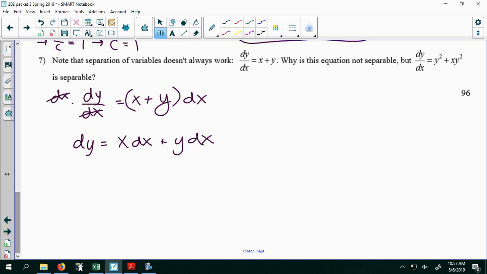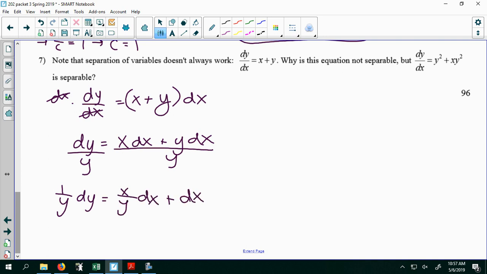And then I want to move the y over. How do I get the y over to the y side? If I divide both sides by y, I'd have 1 over y dy equals x over y dx plus dx, because I have to divide this y into both terms.